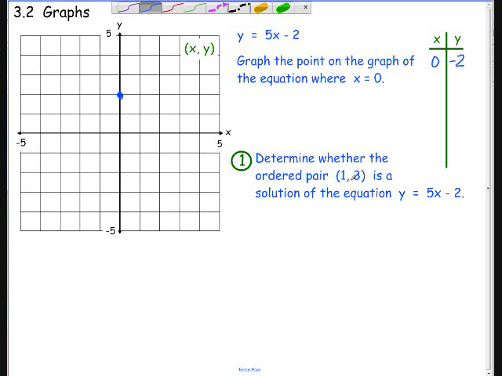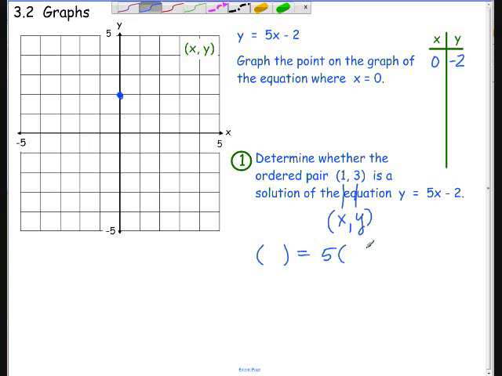Determine whether the ordered pair (1, 3) is a solution of this same equation. Well, I know my 1 is the x, and my 3 is the y. So instead of using y, I'm going to put in my value for y.